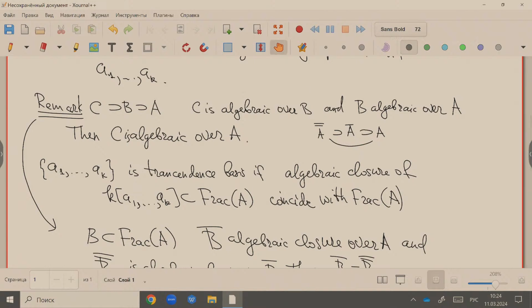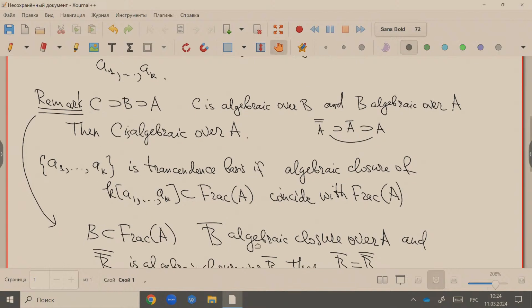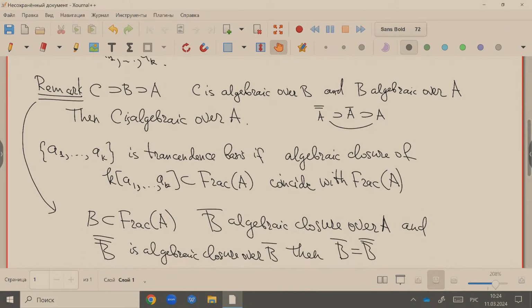Поэтому всегда А две черты равны А. Вот тут нужен переход, а дальше уже нет. Да, А с чертой.